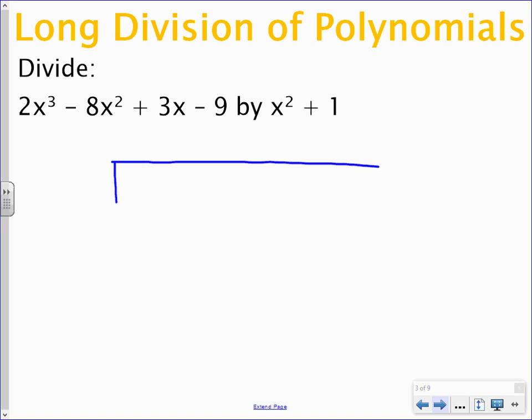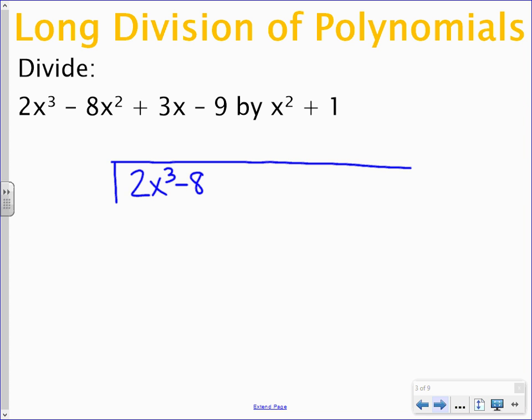When you put your dividend into your division problem, before you start writing numbers down, what should you look for? Are there any missing terms? Do we skip any powers of x? No, so we can just go ahead and write.